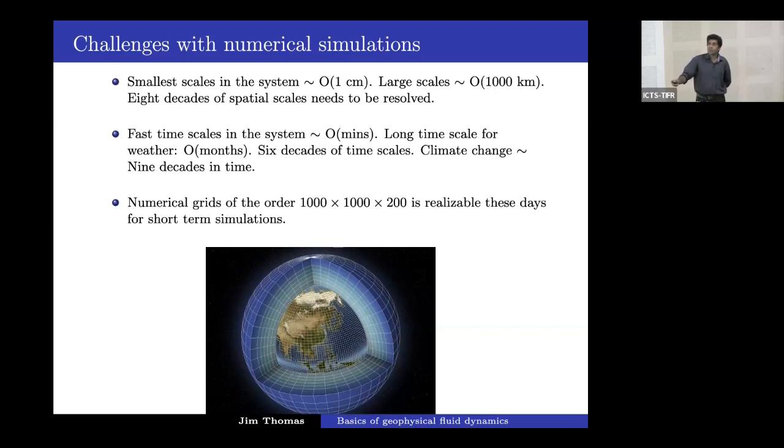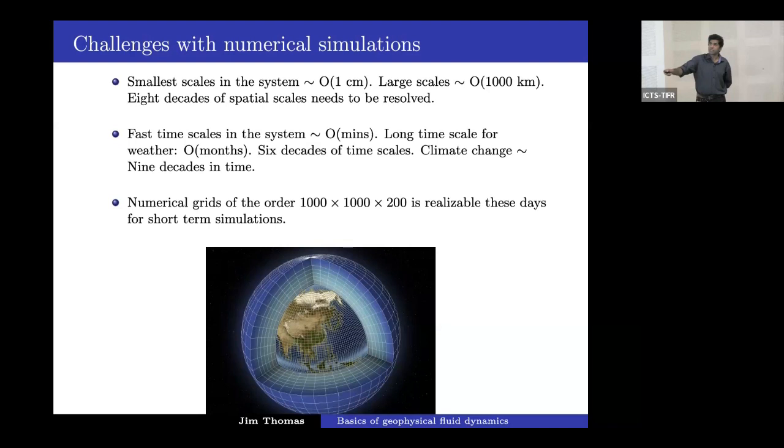To make the problem more complex, there are a lot of time scales here. The fastest waves in the system have time scales of the order of minutes. How long is your long time scale? That depends on how long you want to predict. For weather prediction over days, weeks, or months, you are looking at order months.